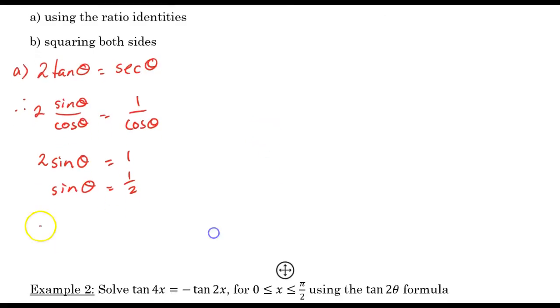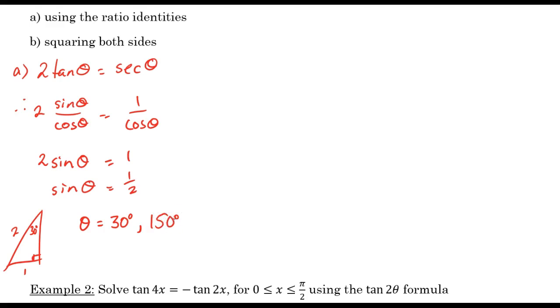Draw your little triangle quickly if you need. 1 here and 2 here. So sine is 30 degrees up here. So theta is 30 degrees, or 180 minus 30, 150 degrees.